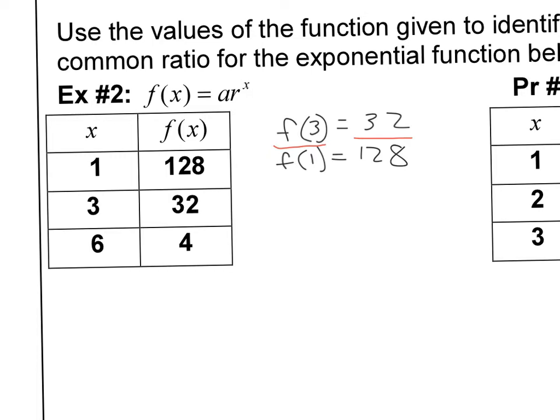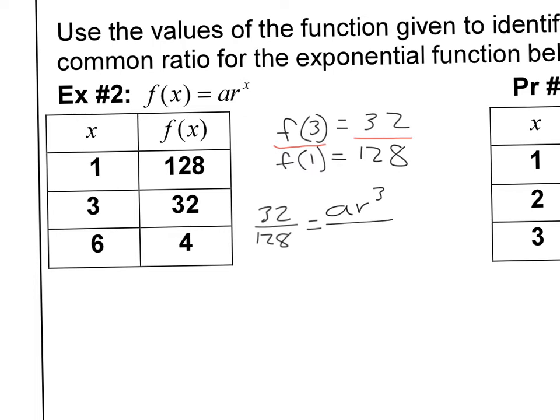Well, since 32 equals f of 3, here is my f function that I could just plug a 3 into. So I could actually say that 32 over 128 equals, and the 32 part would be a r to the x, but the x would be 3. So I could say a r to the third.